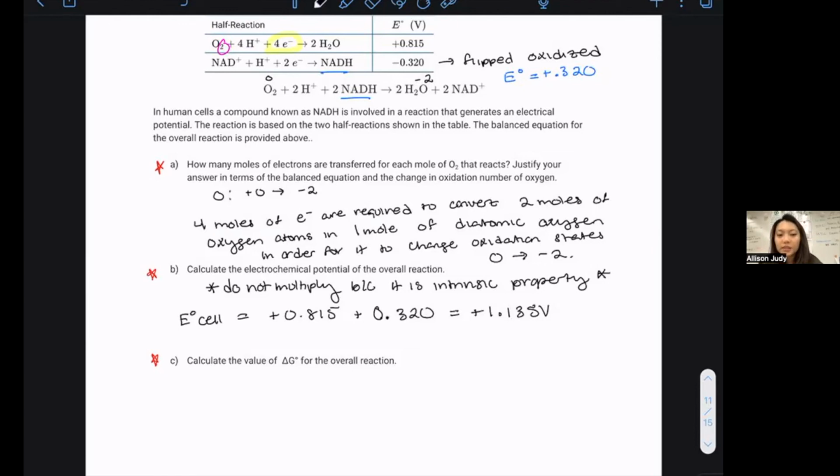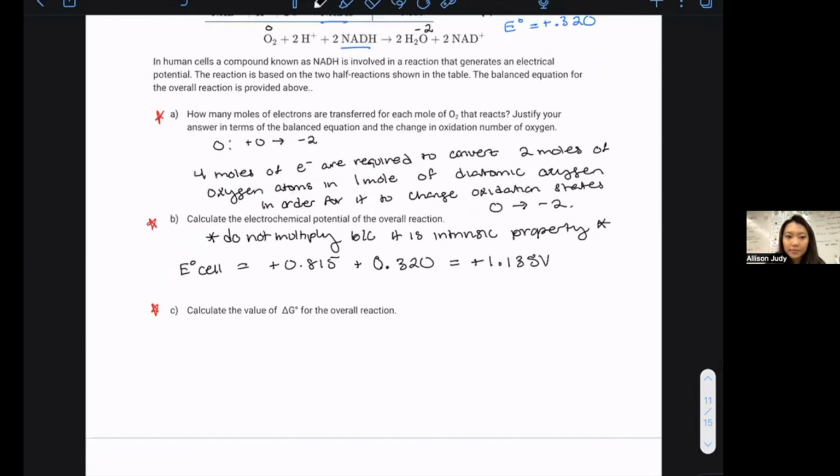And finally, for the short FRQ, we are asked to calculate the value of ΔG for the overall reaction.